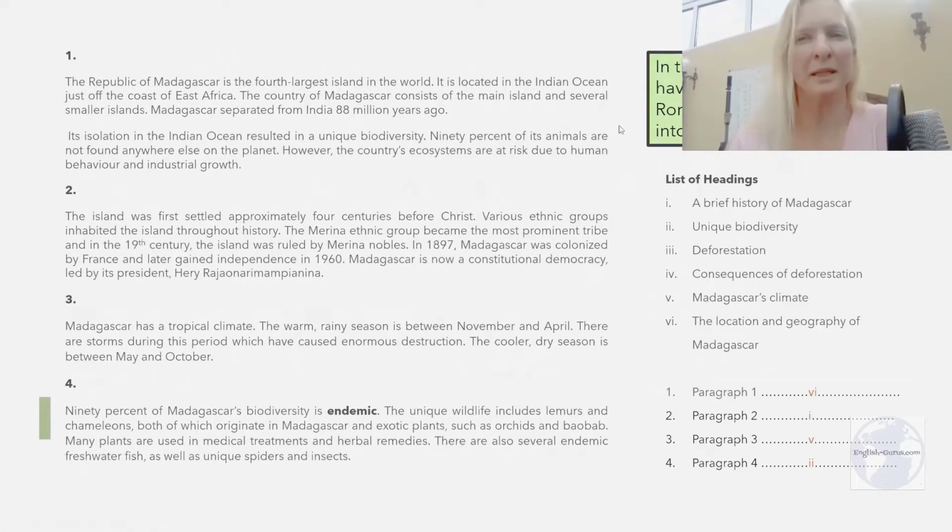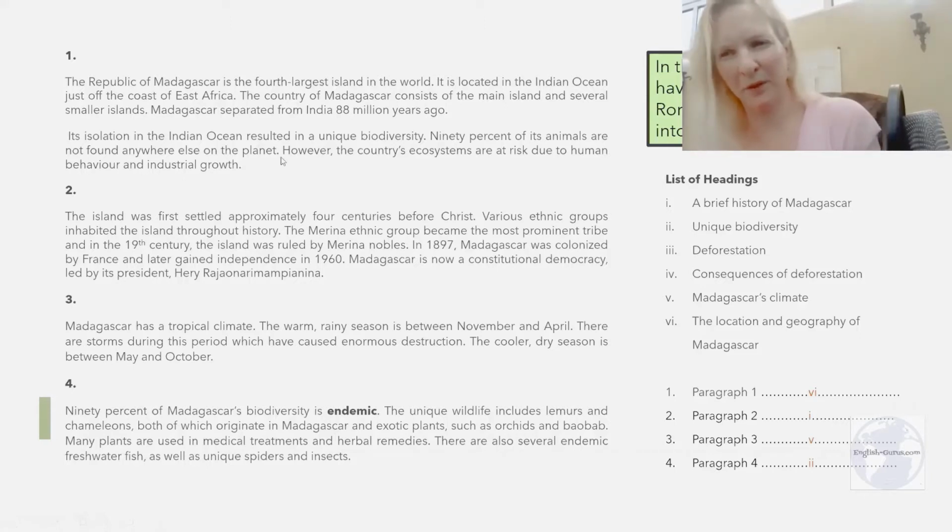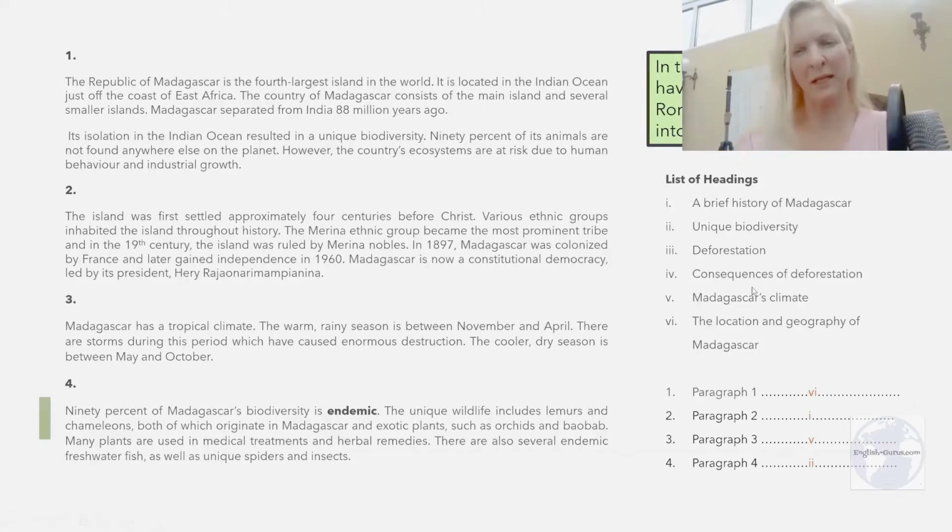In the paper-based test, it looks like this. You'll have, again, a series of paragraphs, 1, 2, 3, 4, 5, 6. But the headings will be with empty blanks on the side. So you just have to write in the number of the heading. You look at the correct heading and write the number of the heading in the blank.